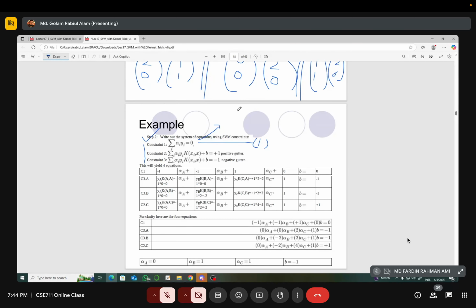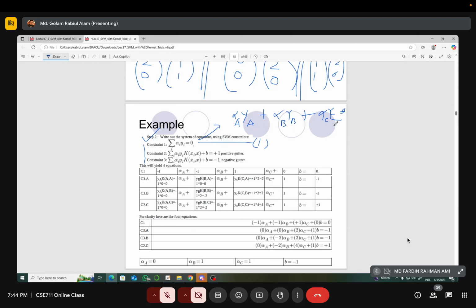Then it will be alpha a ya, plus alpha b yb, plus alpha c yc equal 0. Actually this is the equation.